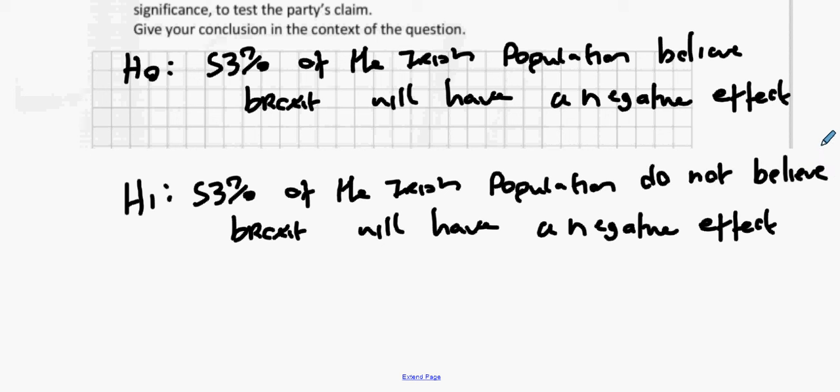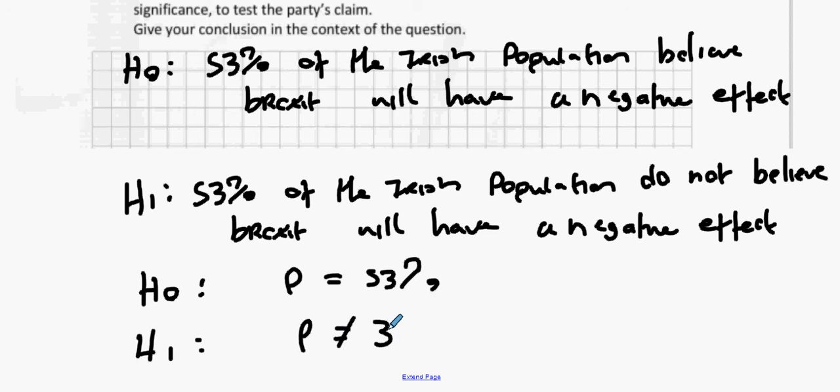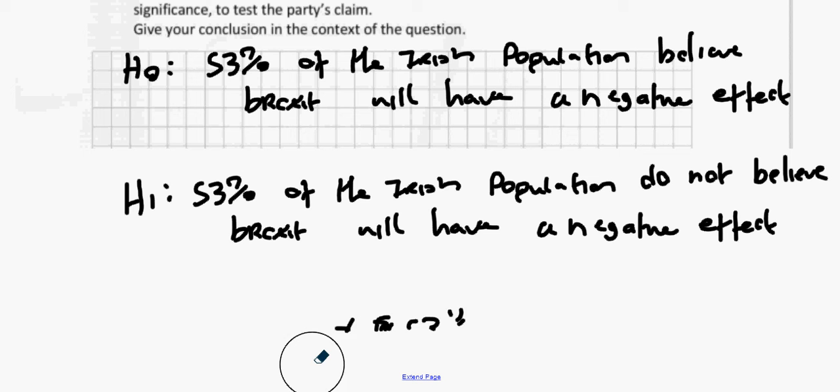So for those kinds of questions at the end, change the word. One of them is 53 and the other one is it's not 53. Oddly enough, in the American scheme, it's just like this: H0 is P equals 53, and then H1 is P is not equal to 53.